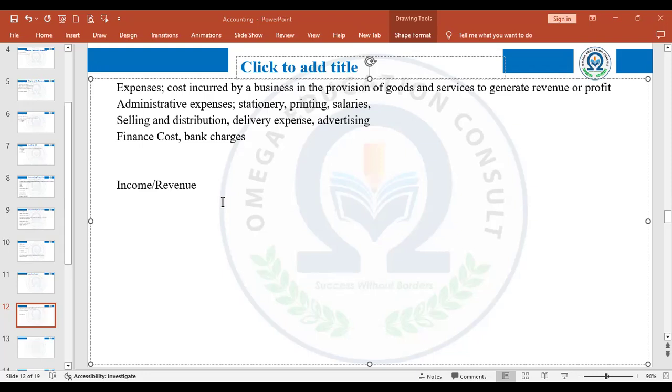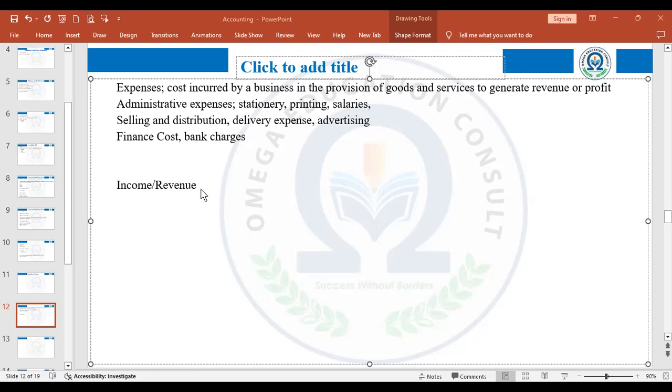Professor. Yeah, please. An income refers to money earned or received by an individual. Okay, so income refers to the revenue earned by a business from the provision of goods or rendering of services, like Selike put it. So it's what we actually earn from providing goods or services.